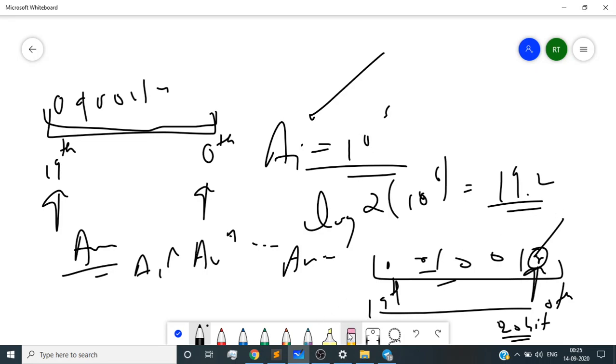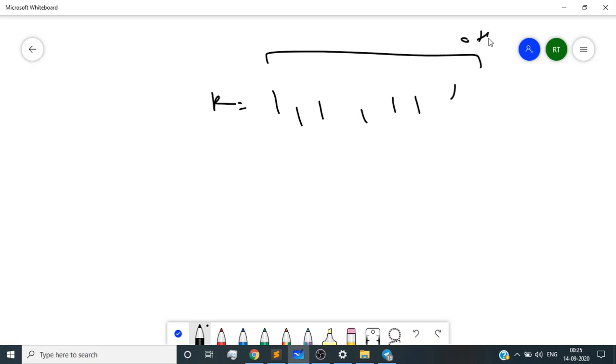Okay, let's say in the very first query, we will consider k as something which has all bits 1 from the 0th index to the 19th index. Why I'm doing this query, I'll explain later, but right now let's say we have done this query, and in return we get some val from the compiler.